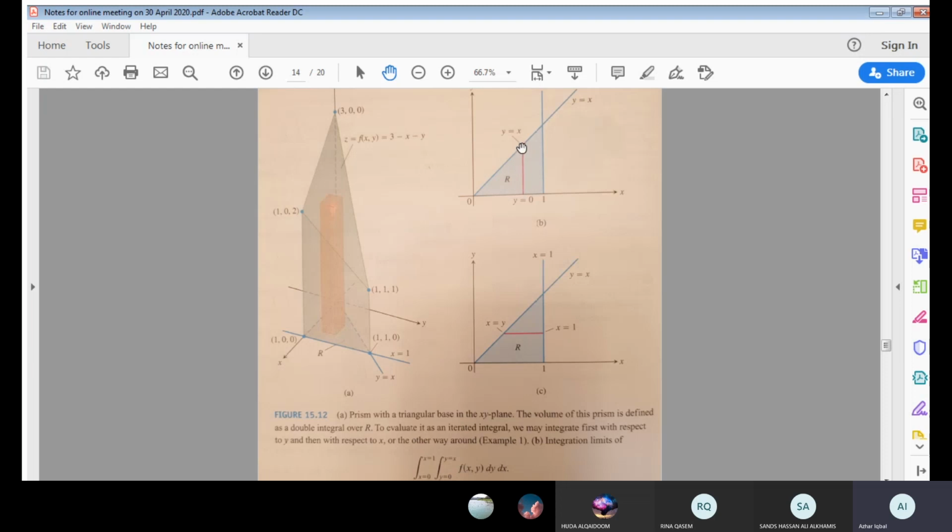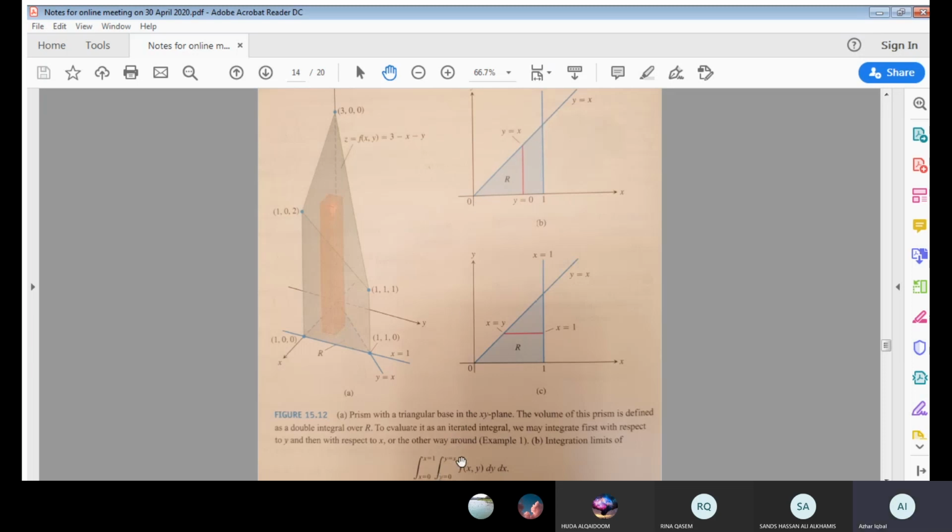These are the functions defined in the generic integral, y1 = g1(x) and y2 = g2(x). In this specific case, y = 0 and y = x. These are the boundaries.